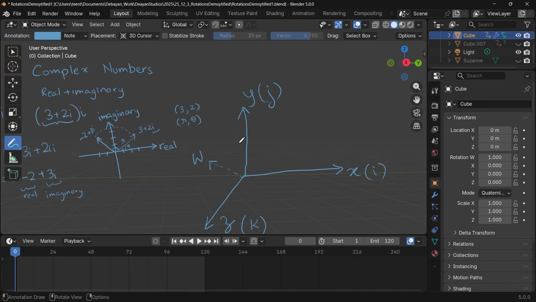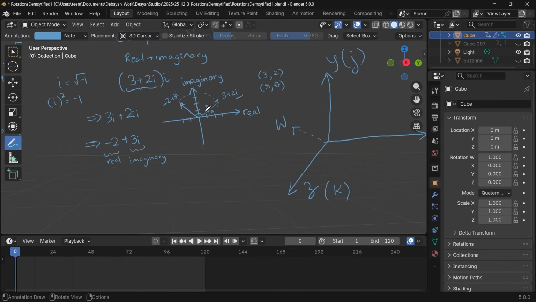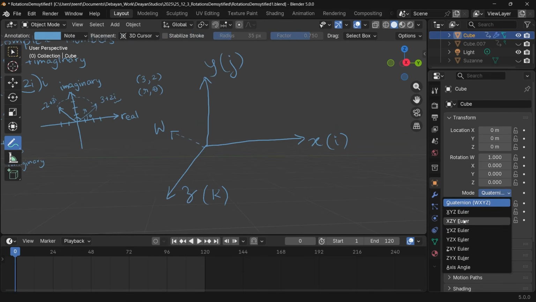Now, if we were to multiply any point with this set of imaginary or complex numbers in this 4-dimensional space, you could get a 3-dimensional rotation. If you think about this, we were able to get one value of theta, or rotation by theta, by using a 2-dimensional plane. Since we're in 3 dimensions, we would have to have one rotation about the x, one about the y, and one about the z.